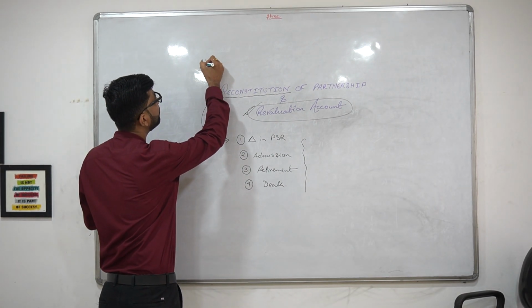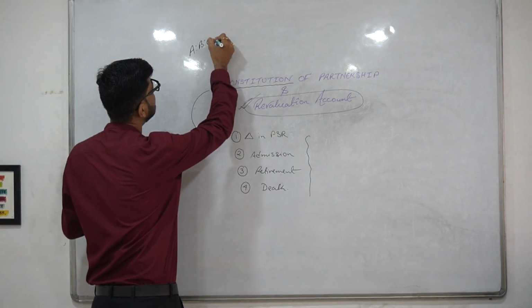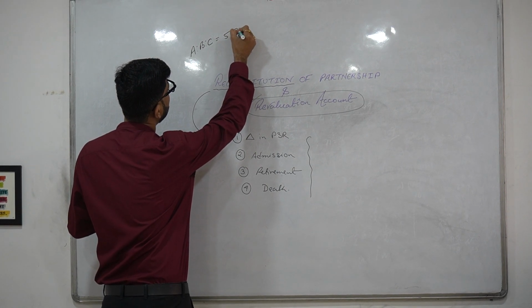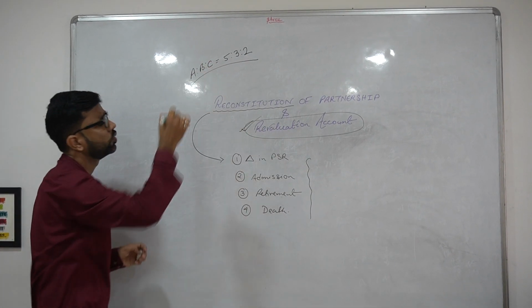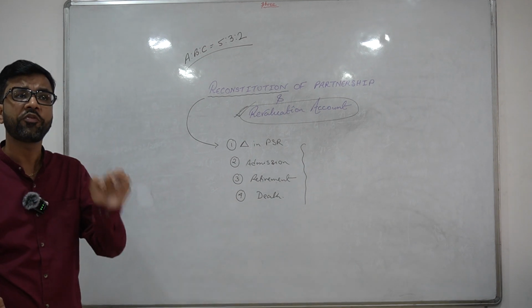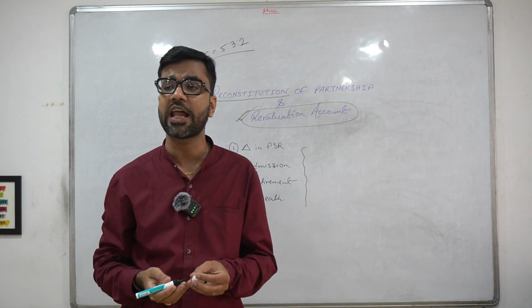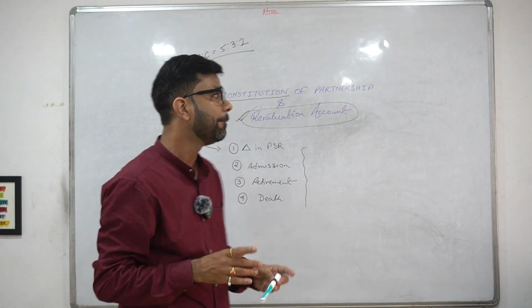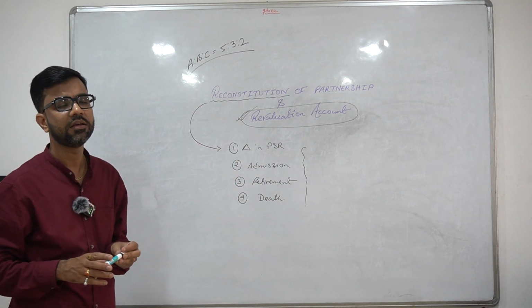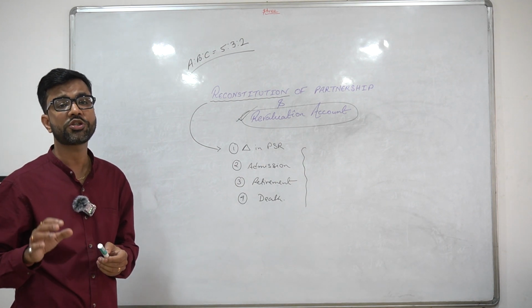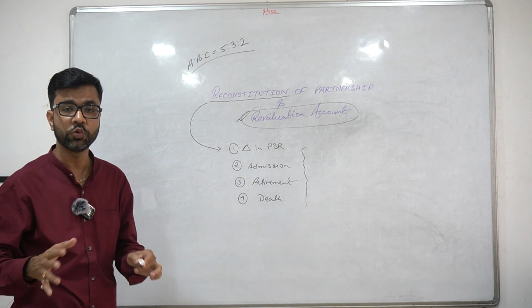Let's say we have 3 partners A, B, C, and their PSR is 5:3:2. Now, whatever profit or loss arises because of change in the value of assets or liabilities will be shared between A, B, and C, in the ratio of 5:3:2.